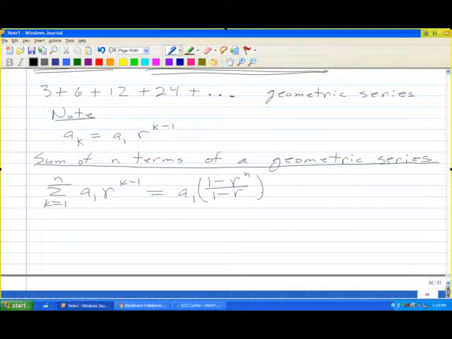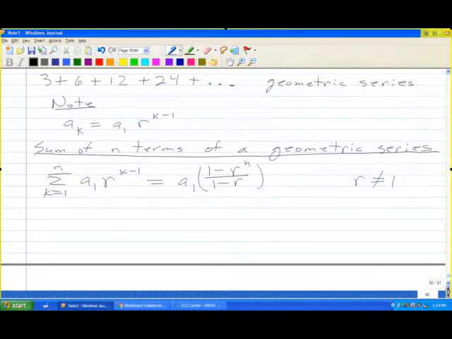Of course, in this case, I'm assuming that r is not equal to 1, so I'm not dividing by 0. In my geometric series, I made the blanket statement that I assumed r was not equal to 1 because it wouldn't be a very interesting geometric series.